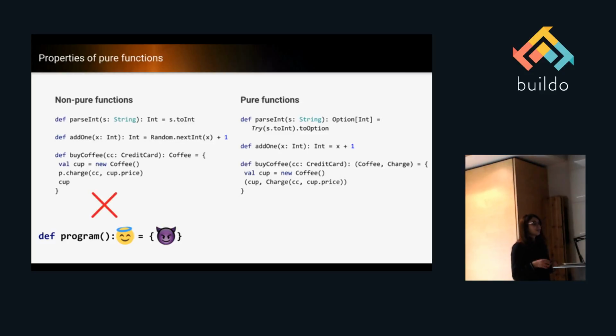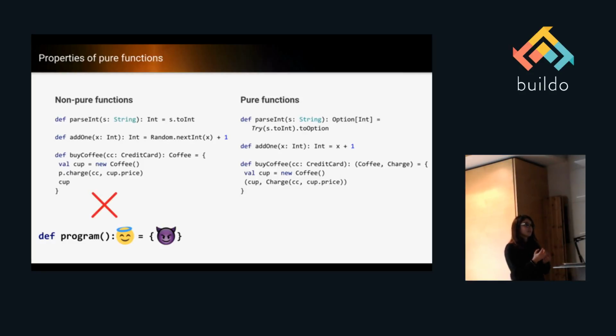And for add1, every time we call add1 with the same input, we will get the same result, so now add1 is deterministic. And for buyCoffee, if we need to have a cup of coffee and then we will pay for it, we can be clear and describe those types in our output.